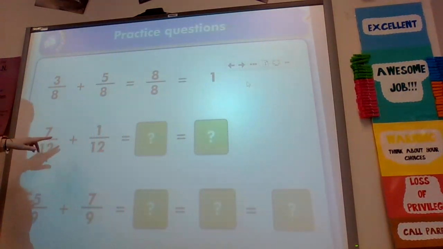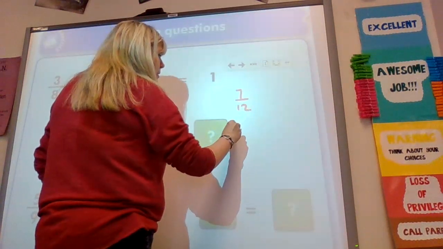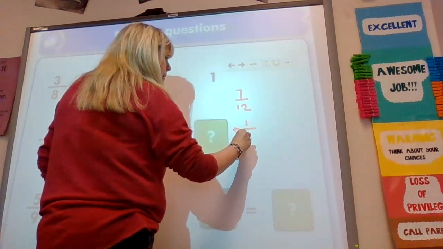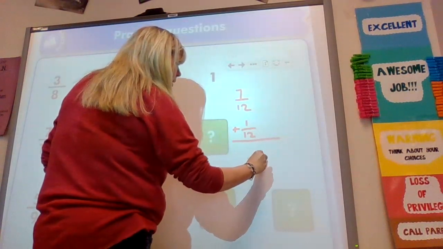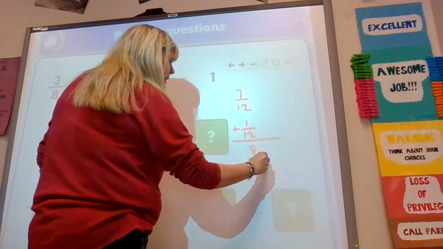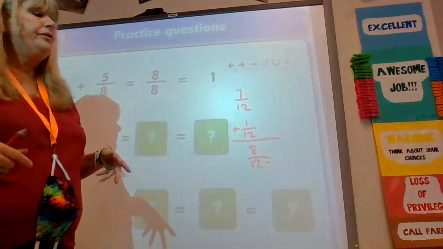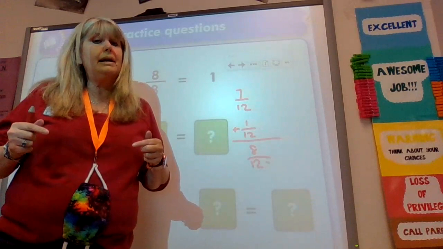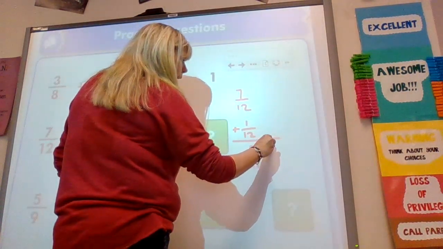Okay, we've got 7/12 and 1/12. So 7/12 plus 1/12. We're adding. Our denominator is 12. Our numerator is 8. I know that's not in simplest form because they're even numbers. So I know they can at least be divided by 2. So the factors of 8 are 2 and 4.